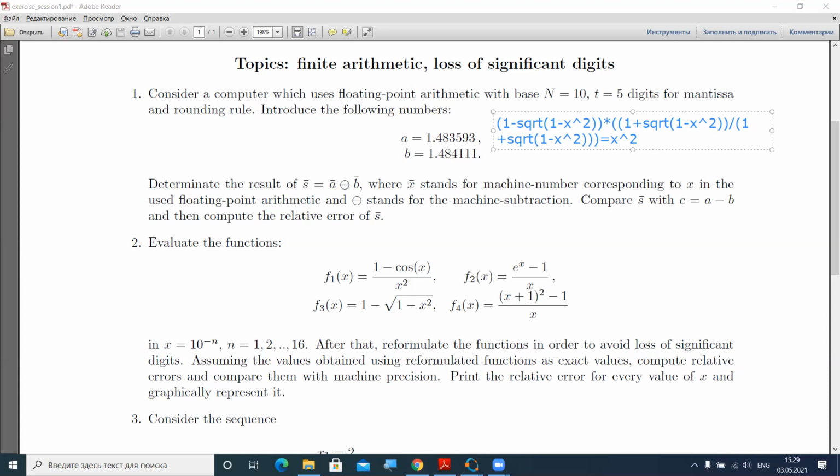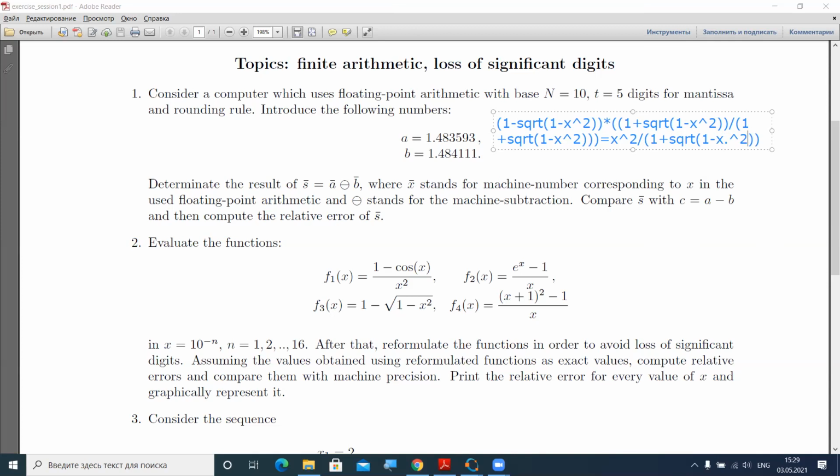Just x squared, and over this one, 1 plus square root of 1 minus x squared. x dot power square.